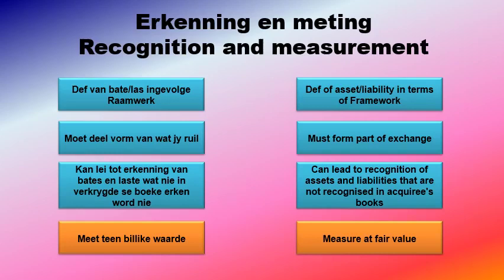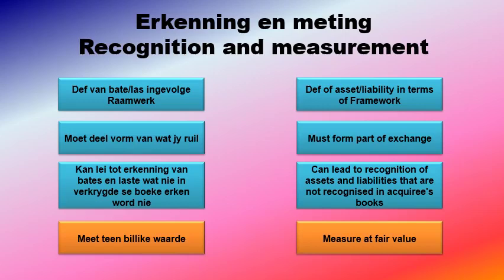When we look at the recognition and measurement of the assets and liabilities that we acquired in the business combination, we're going to just have a look at the normal definitions of an asset and a liability as per the framework. And then obviously the assets and liabilities should form part of the exchange transaction or the business combination, when you just got this company's business, including its assets and liabilities.